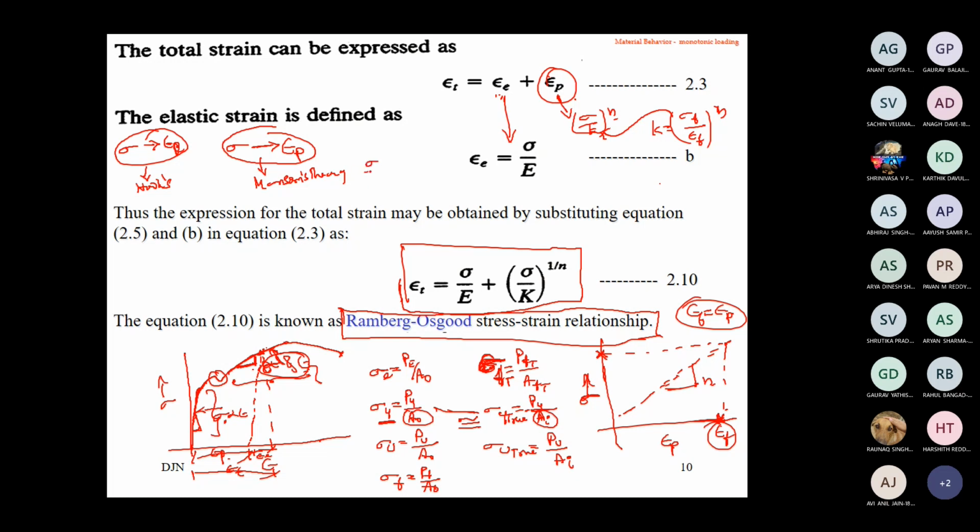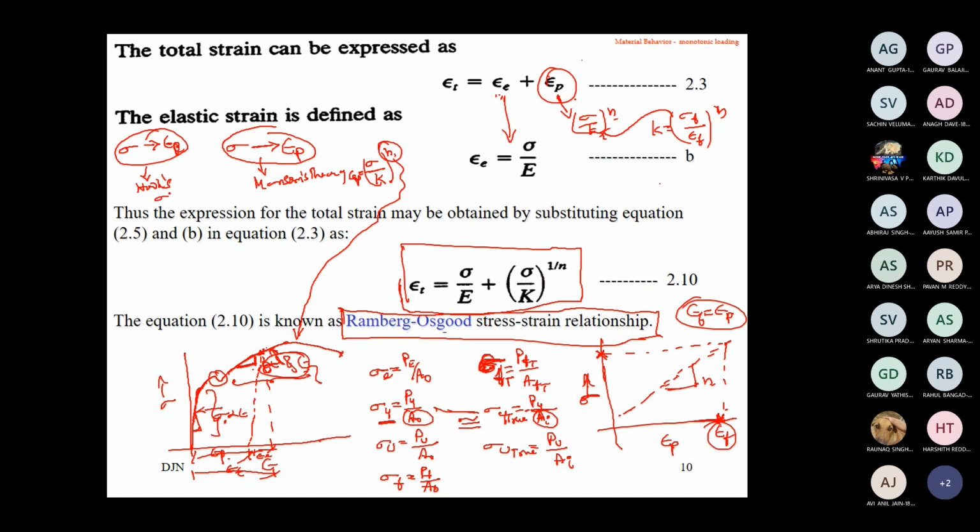That is, sigma is related by a constant K to the plastic strain. But this relation is not directly proportional. It is with reference to some exponent which indicates the non-linearity in this curve. The non-linear behavior is taken care of by this parameter n.